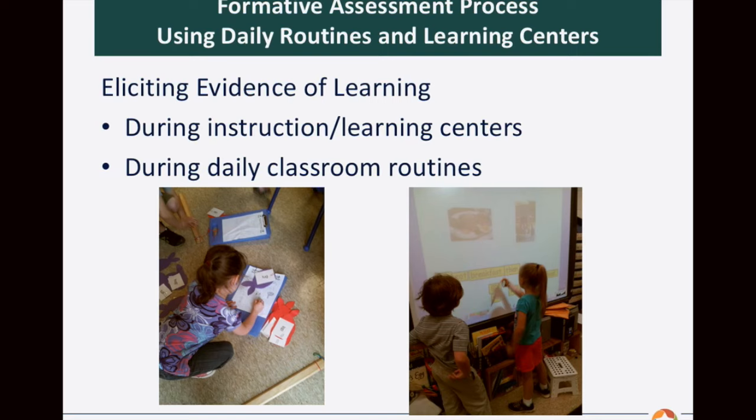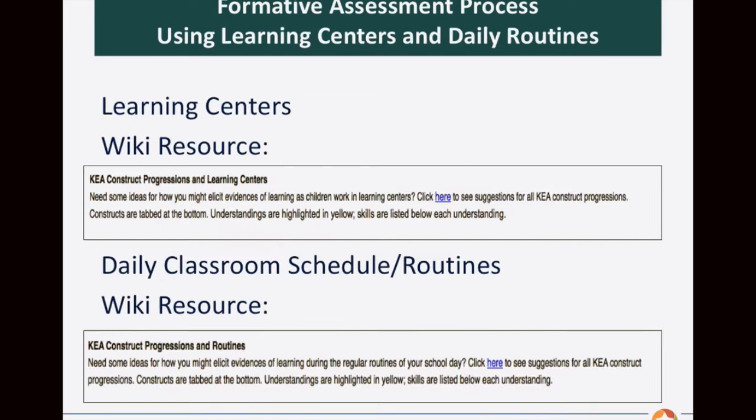Both center work and routines offer teachers many opportunities to observe children and to engage in the formative assessment process. Again, it's the idea of giving children every opportunity to show us what they can do.